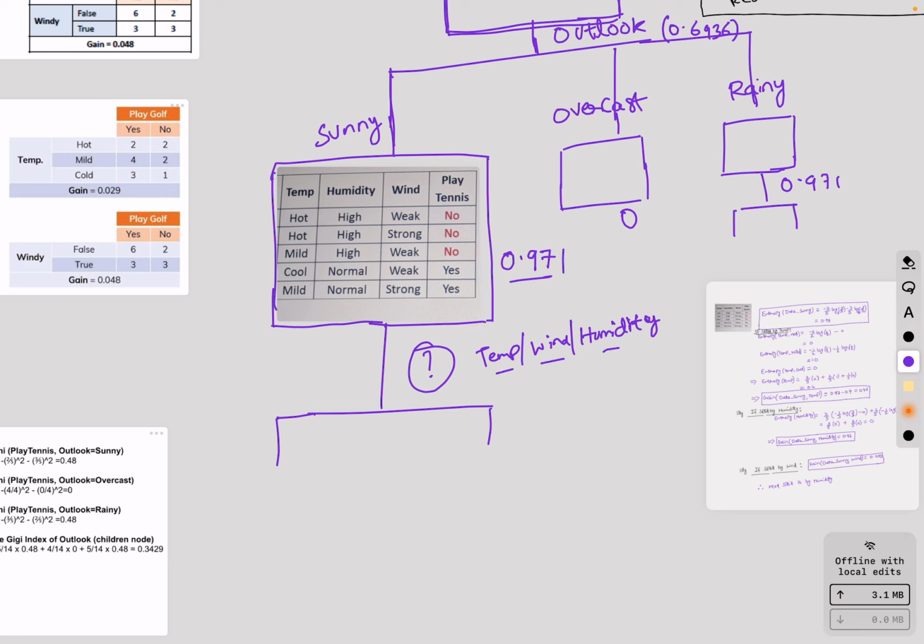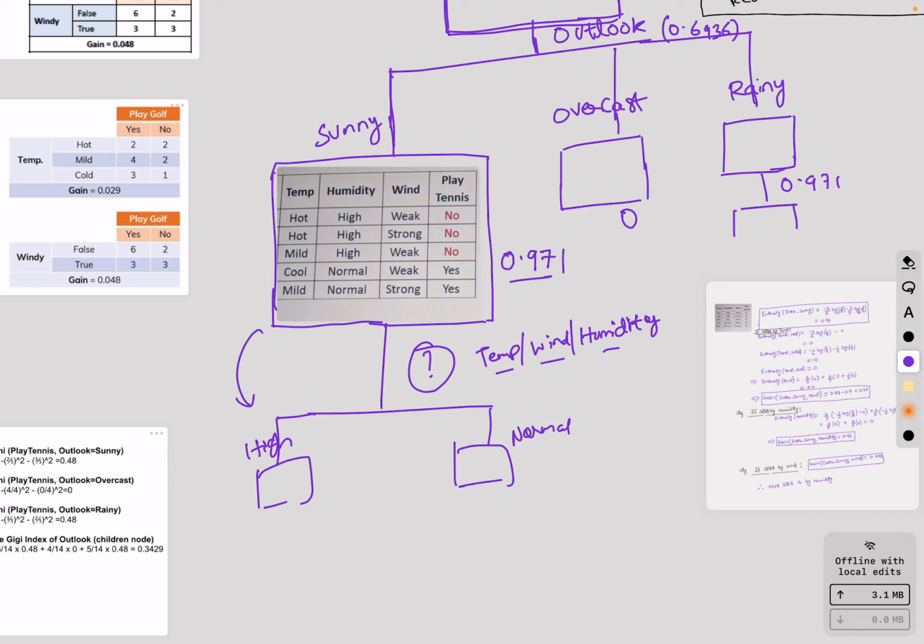Again, the decision tree will try to divide the data into subsets in the pursuit of increasing the accuracy, or reducing the uncertainty. When uncertainty is reduced, obviously accuracy increases, isn't it? Uncertainty is less, that's why accuracy is increasing. Both are inversely proportional. So in the pursuit of increasing the accuracy, the data might be divided based on, let's say, humidity. Then I will have here all records that belong to high, and then all records that belong to normal.